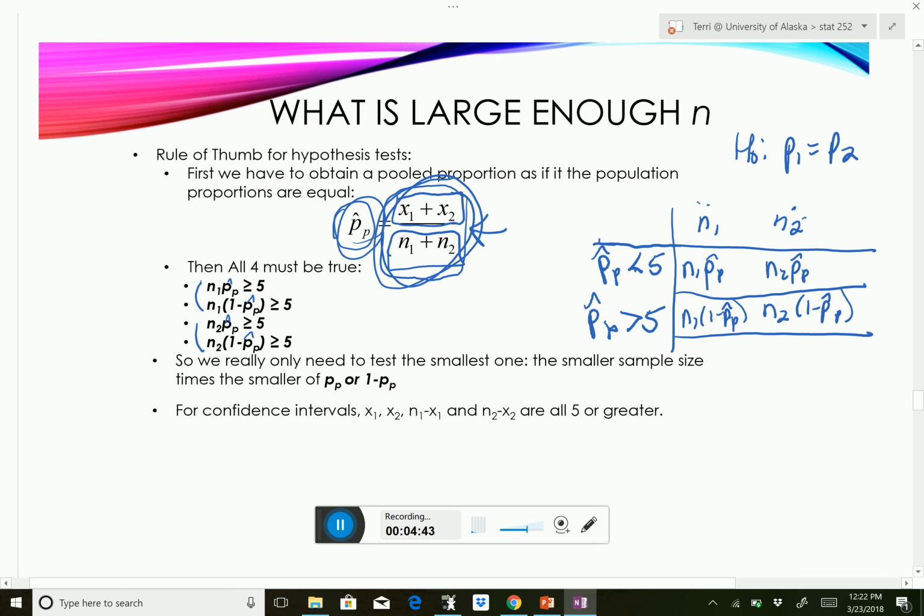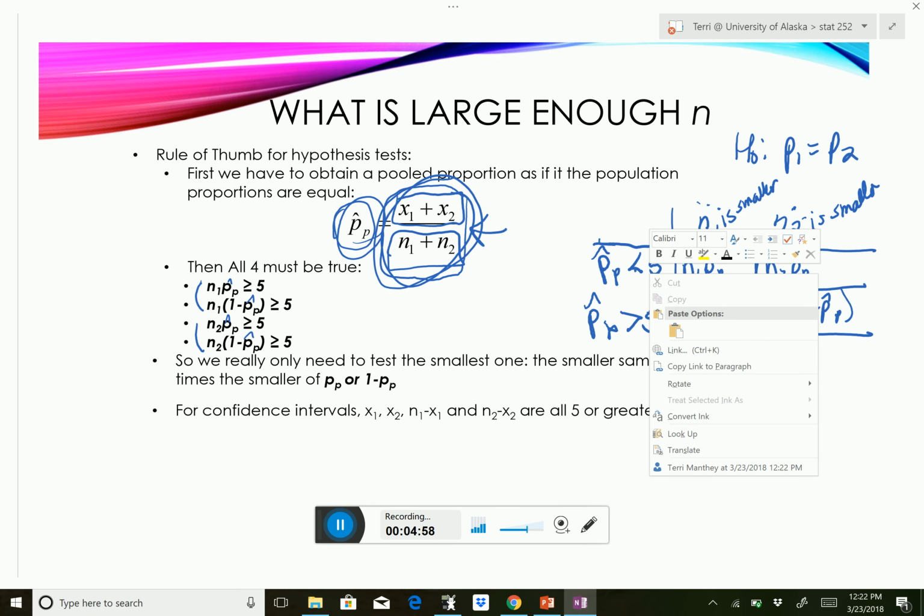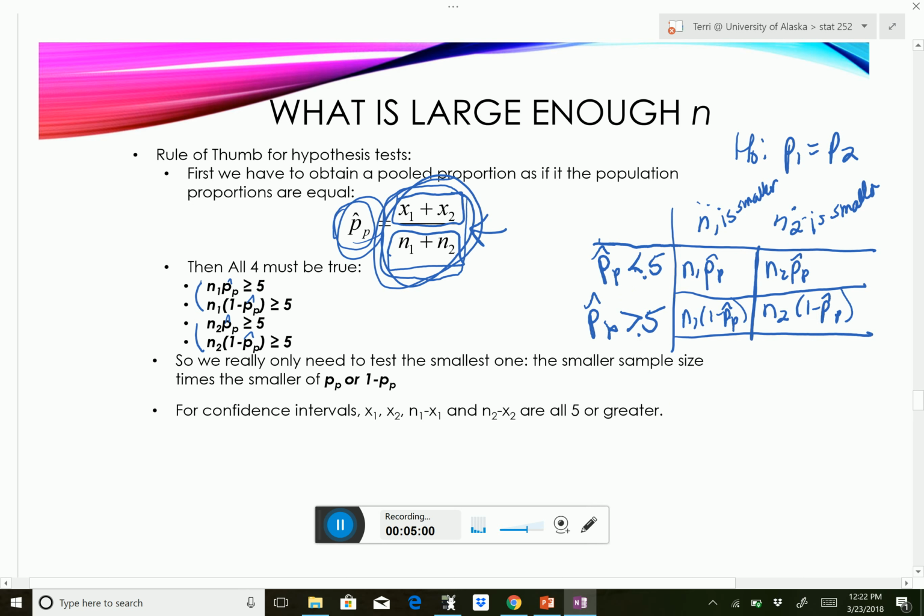And here, N1 is smaller or N2 is smaller. We use them in this column. So if N1 is the smallest and my P pooled is less than, not 5, 0.5, that's what I meant to say, I'm going to test N1 P hat. If N2 is smaller, I'm going to test N2 P hat.